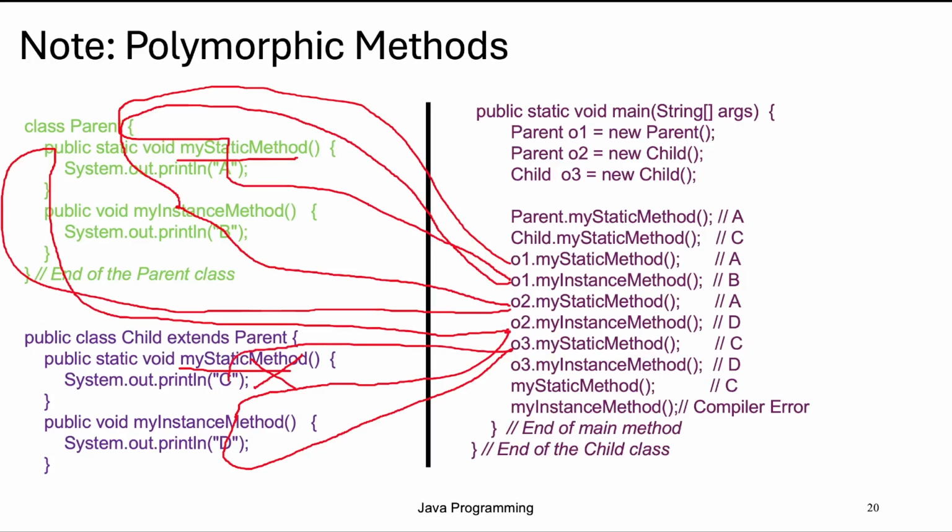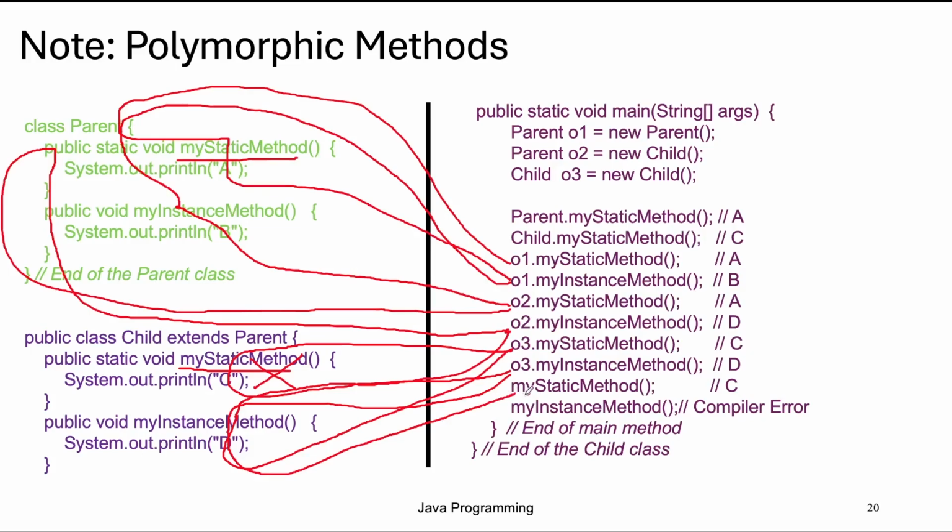So it prints C, then comes to the instance method. At the instance method, it will again go to the instance method and print D. Once the output D is printed, it will come here.